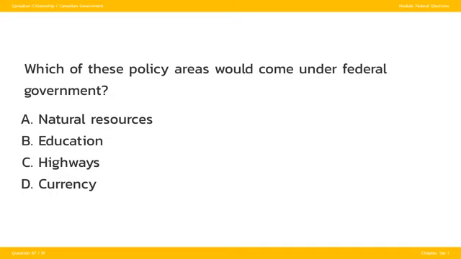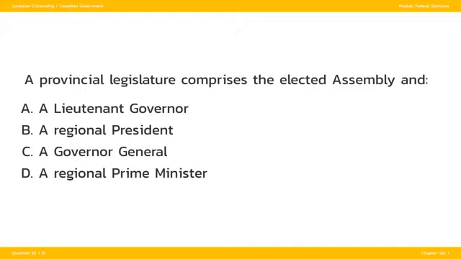Which of these policy areas would come under federal government? A. Natural resources. B. Education. C. Highways. D. Currency. The answer is D. Currency. A provincial legislature comprises the elected assembly and A. A lieutenant governor. B. A regional president. C. A governor-general.